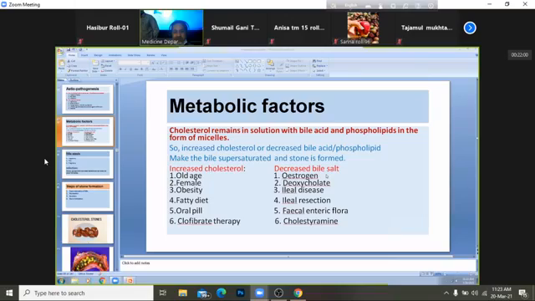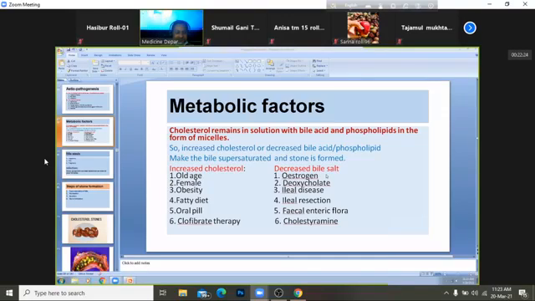So in any condition where there is absolute increase of the cholesterol or absolute decrease in the amount of bile salt, this bile will be lithogenic in terms that excess cholesterol is present.